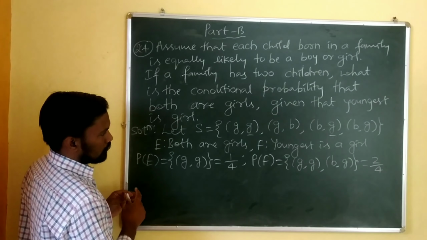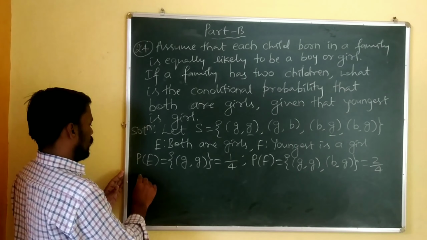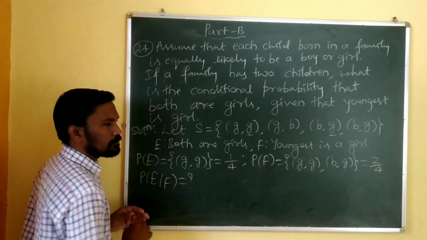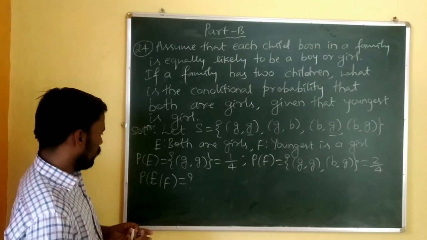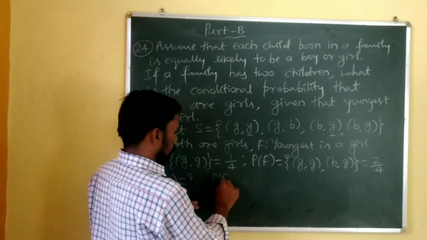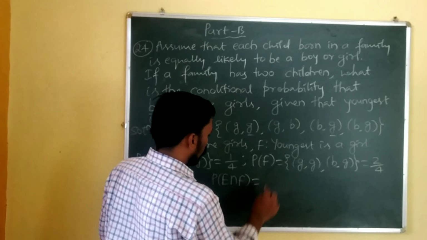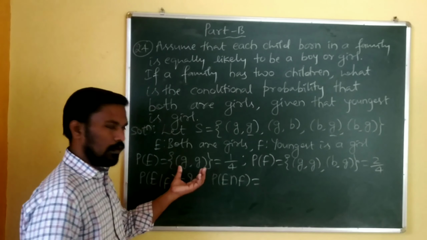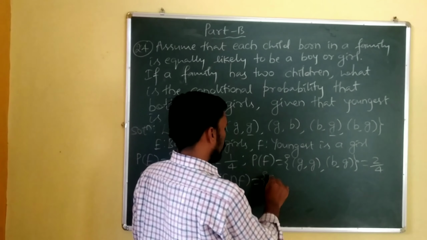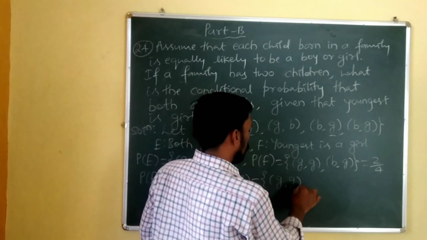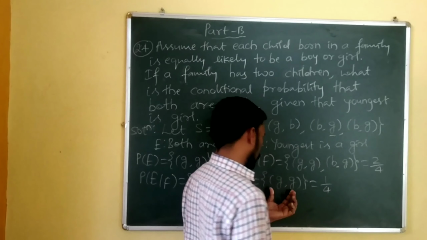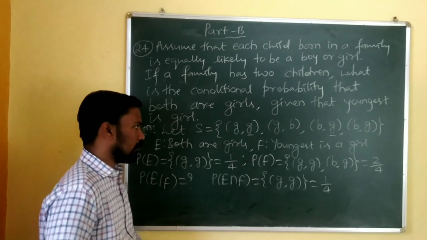Here it is asked to find P of E by F. For that we need P of E intersection F also. The common outcome present in E and F is only one, G comma G. So its probability is 1 by 4 again.